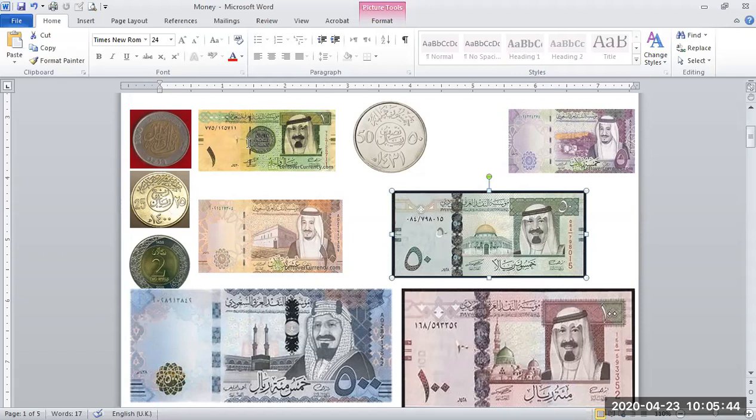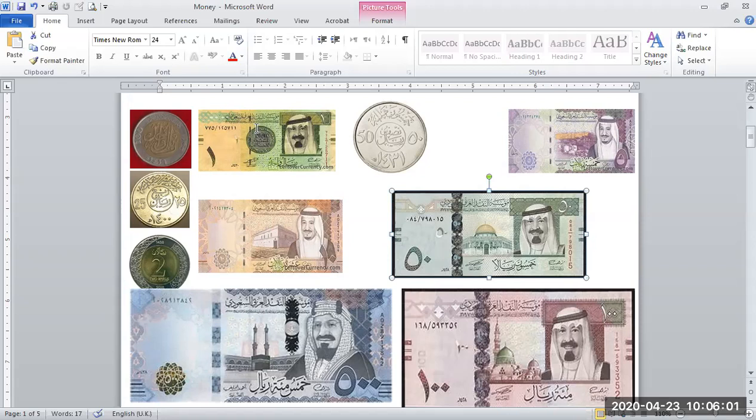And this is 1 riyal, and this also 1 riyal, this too 1 riyal, but this is in the form of a coin, and this is in the form of paper money. We call this a note or paper money, and this we call coins.